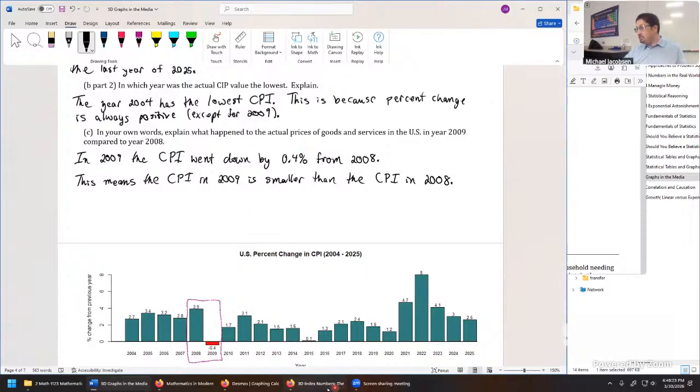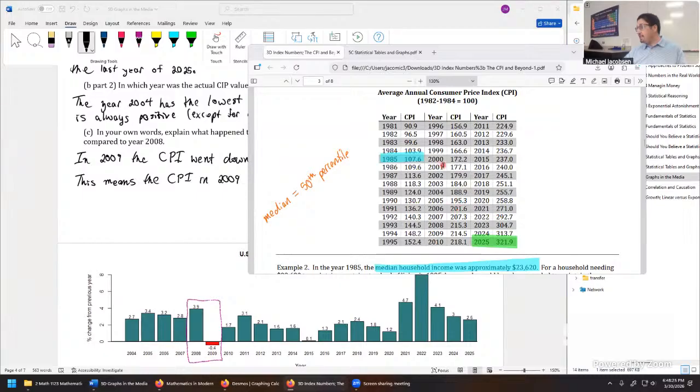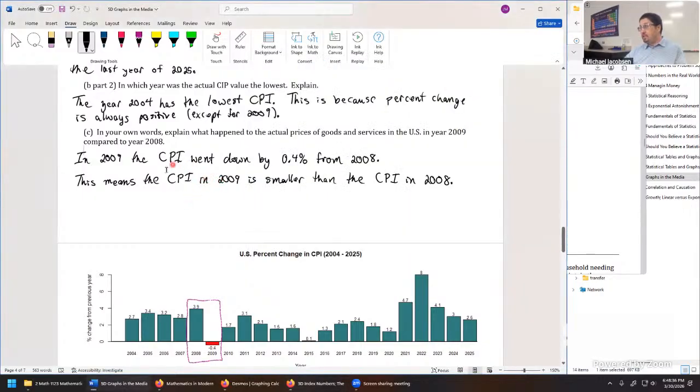And again, this is one of those rare times where we can double check that. In 2009, CPI is 214.5, and it's in fact smaller than the CPI in 2008, 215.3. So that CPI is just a little bit smaller, not by a whole lot.